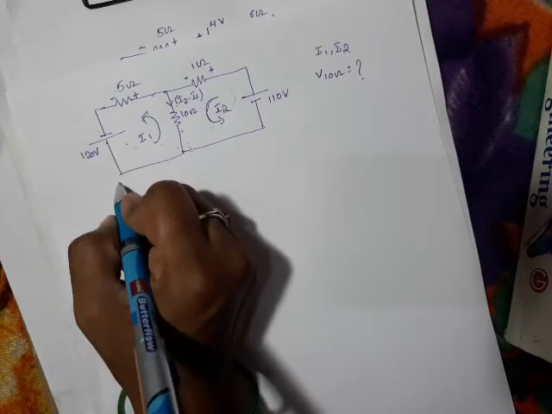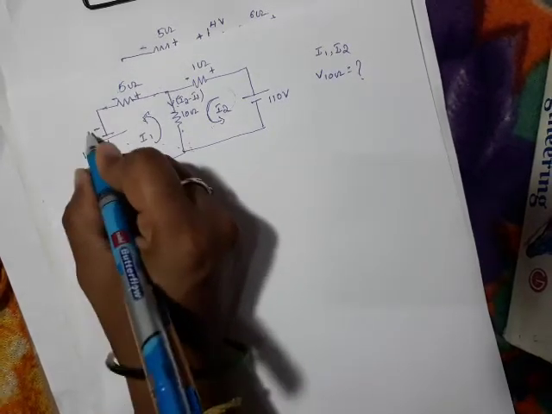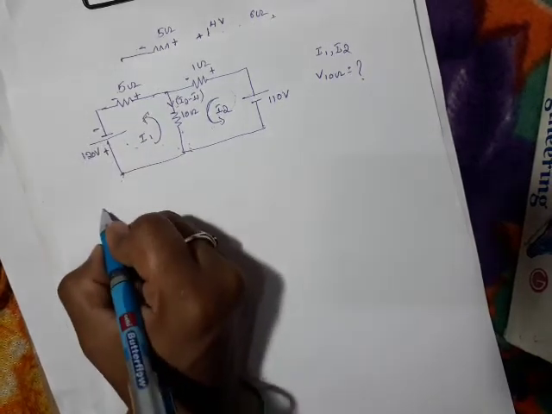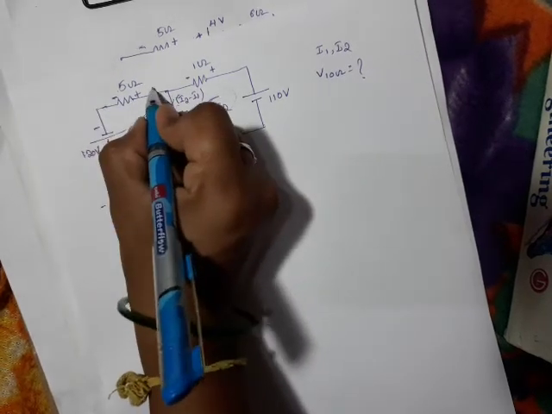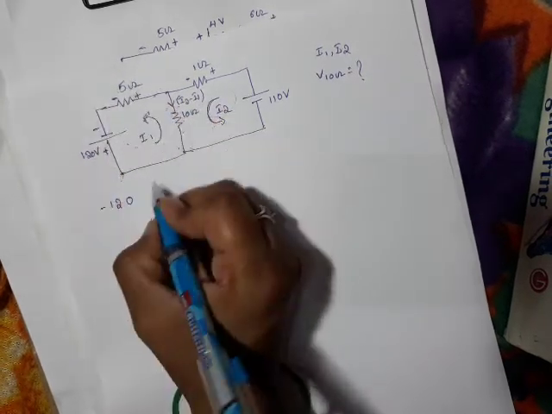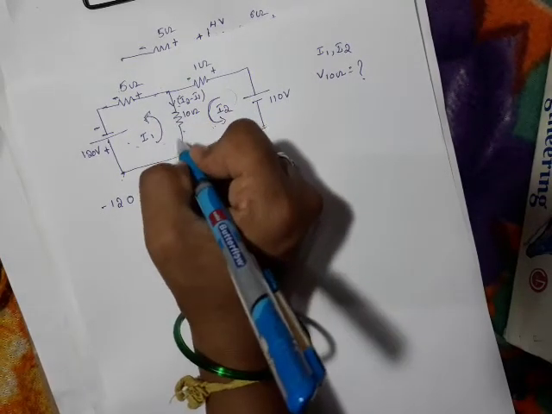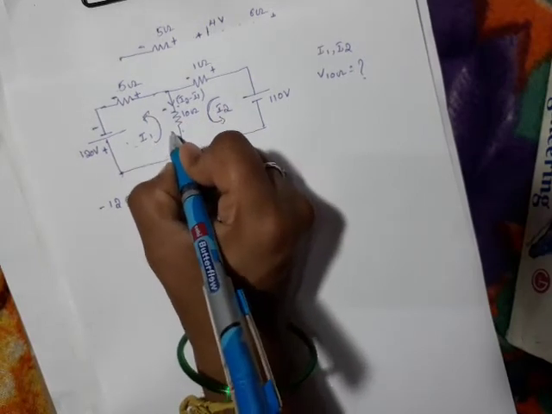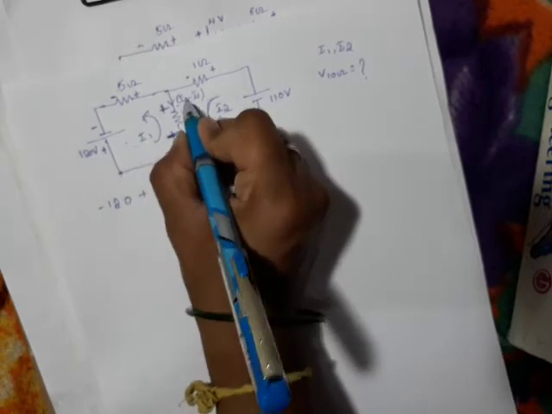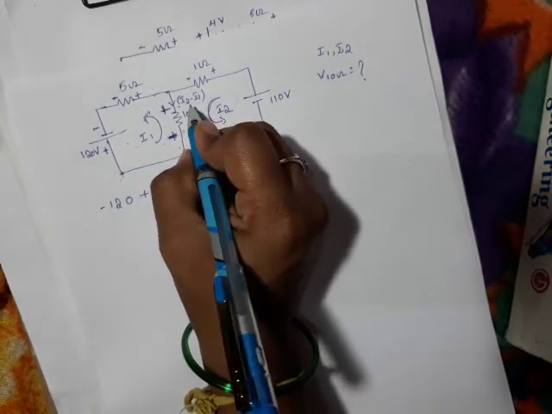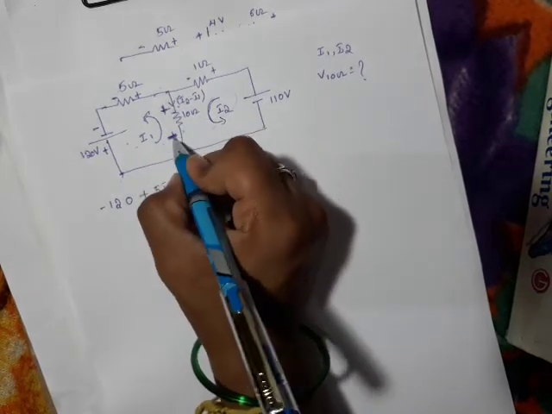From this point, this is plus, this is minus. We are going in the opposite direction, falling potential, so we take it as minus 120. Here, minus to plus, we are moving from lower potential to higher potential, so plus 5 I1. Here we are moving from plus to minus, because the current I2 minus I1 is flowing in this direction, meaning this is positive, this is negative.